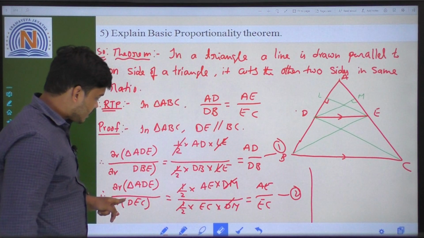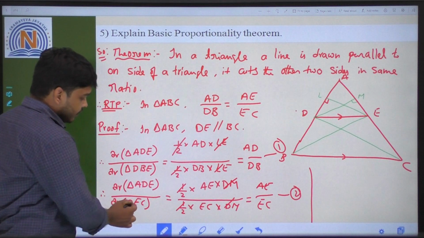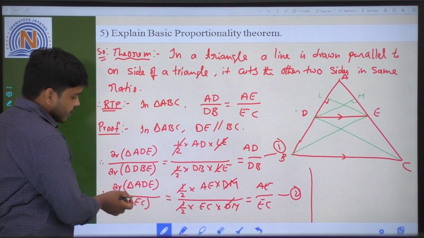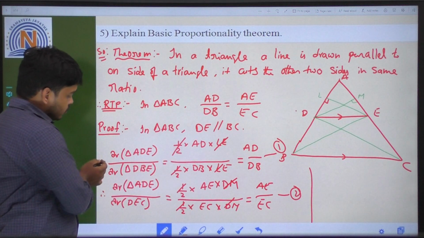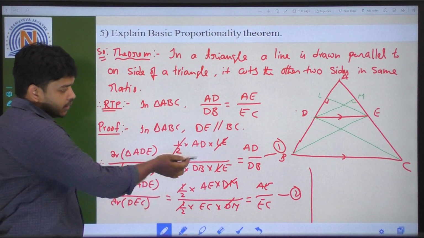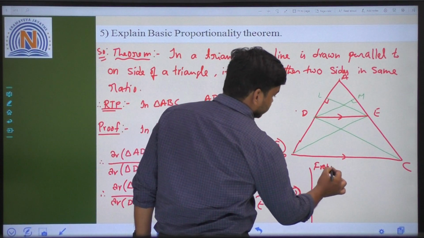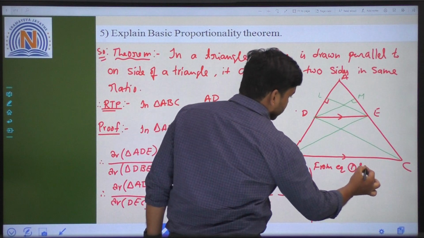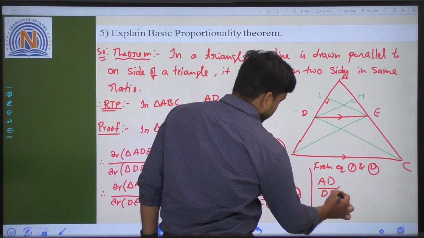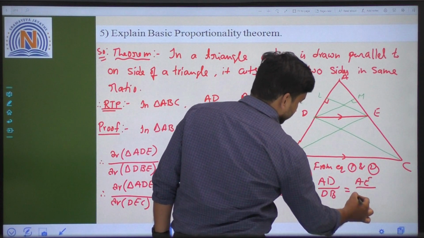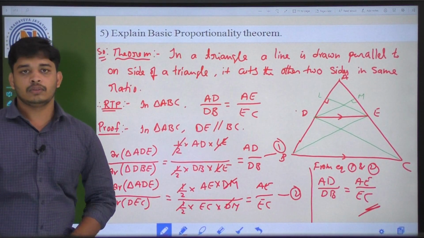Therefore the left-hand sides of equations 1 and 2 are equal, then the right-hand sides are equal. So from equations 1 and 2, AD by DB is equal to AE by EC, hence proved, right? Thank you, students.